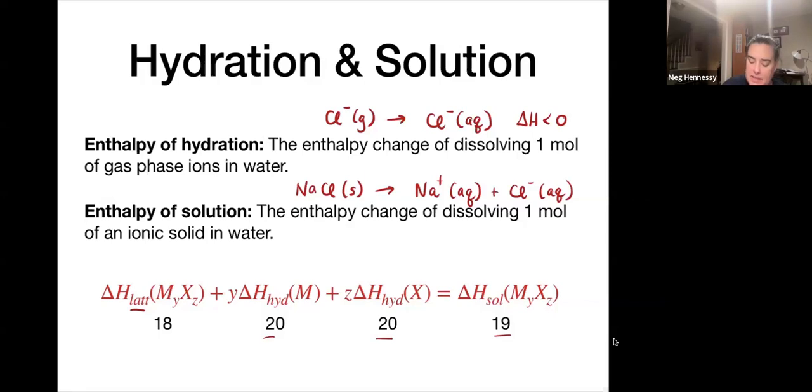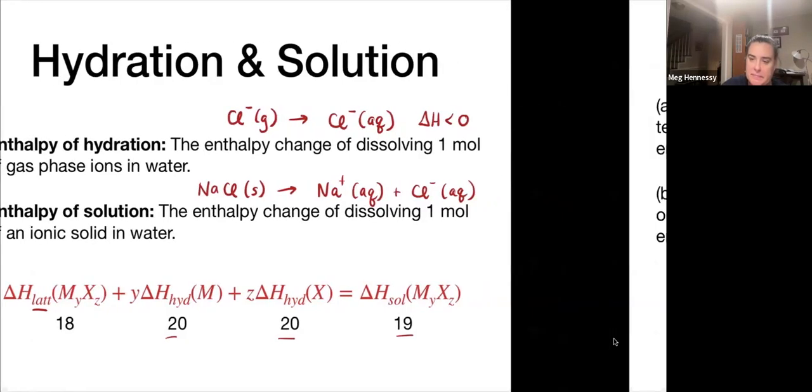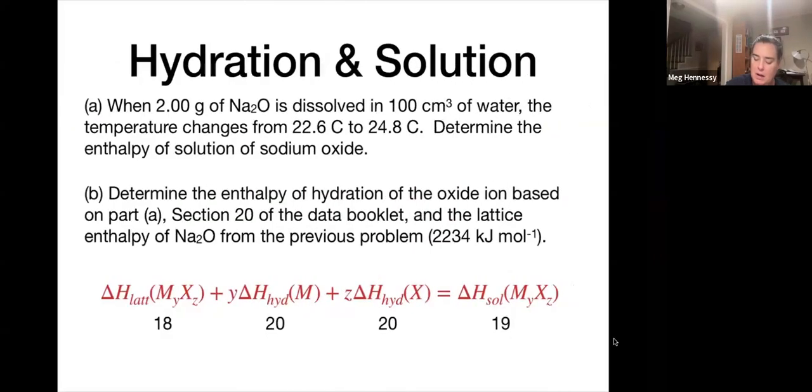So with that in mind, let's see how we could solve a problem about hydration and solution. I have a little bit of misgiving about this problem. Maybe it's too complicated, but I just wanted to point out that for the delta H solution, we can do it in the lab. And I wanted a quick problem on 5.1.